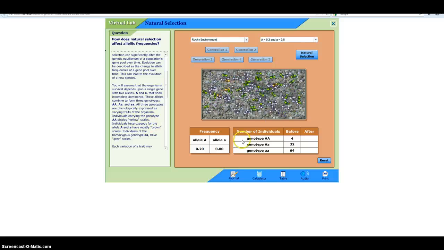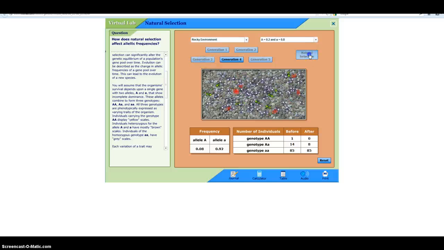But anyway, what we're doing is we're running generations looking at which animals are going to be the most survivable in terms of the alleles that they pass to generations, because basically they have camouflage against predation. And so what happens is we click on generation 1, we did that. We populated, we do natural selection, which means predators ate a bunch of animals. Then we click on generation 2, another reproductive event, and natural selection, and we see the numbers change.